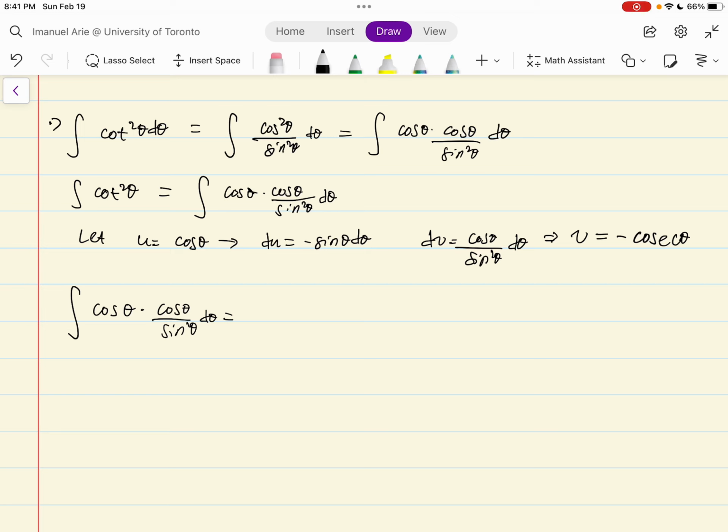Wait a second, we are not substituting cosine here, we should substitute sine instead. Oh, no, not that. My bad. Okay, continue.